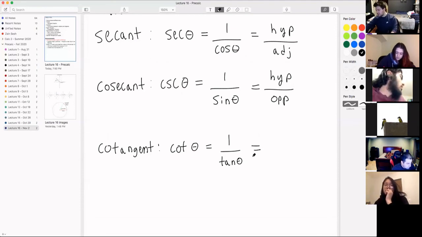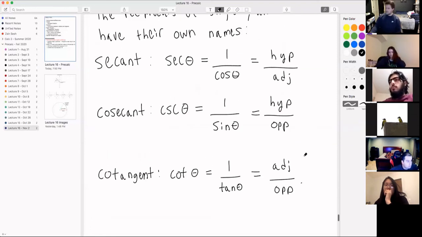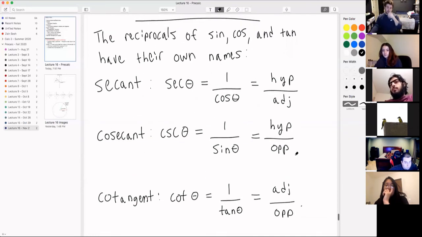Tangent is opposite over adjacent, so the reciprocal will be adjacent over opposite. Just keep these in mind. You're going to have some of these on the homework, but I'm not going to do it now, because I think it's pretty self-explanatory. So we just gave the reciprocals their own notation and names.